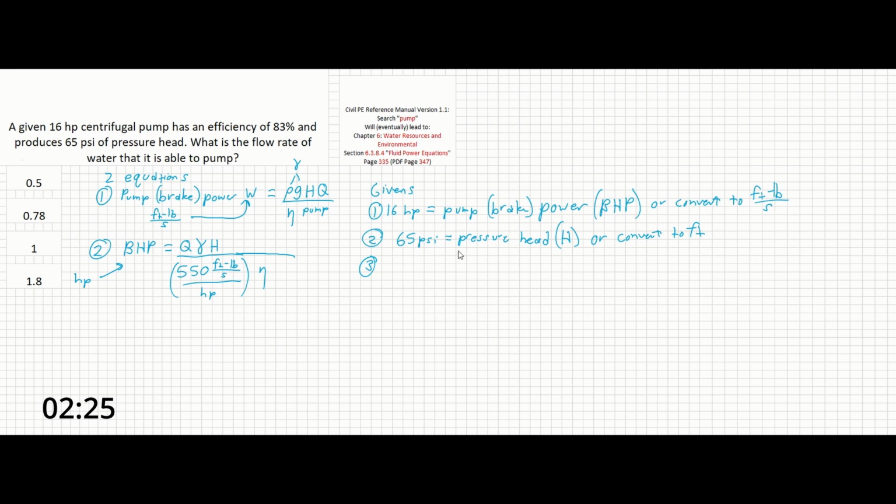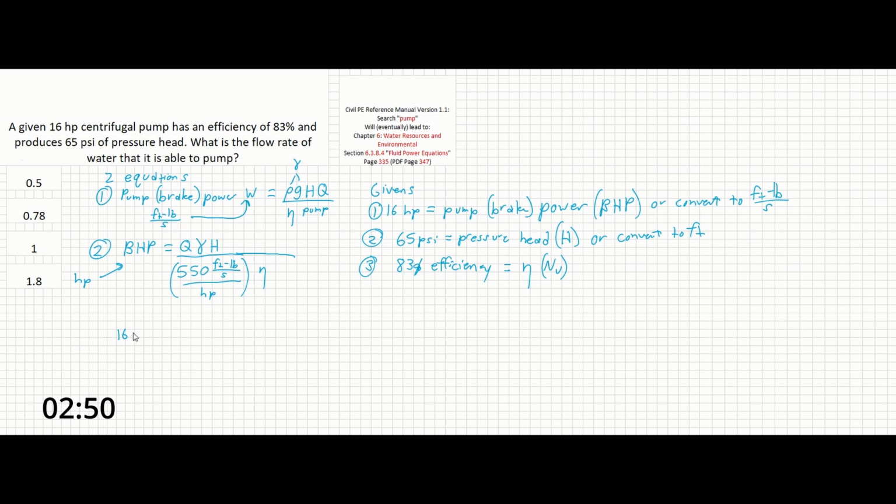Finally, we have our efficiency, which was given at 83%, and this is the value nu. So let's take one of these two equations and start plugging in our terms. Given that 16 horsepower is already given as the proper units here, I'm going to use the second one.